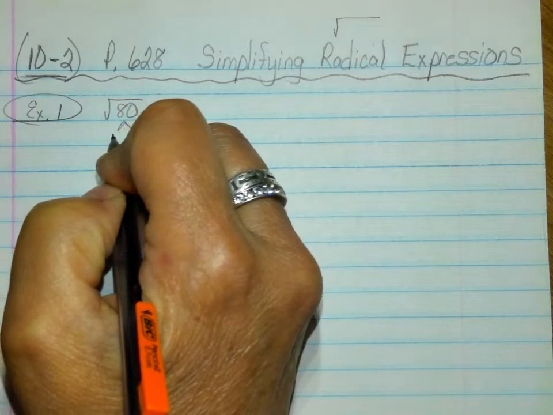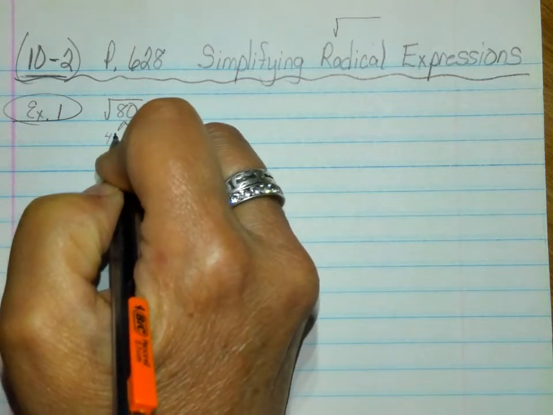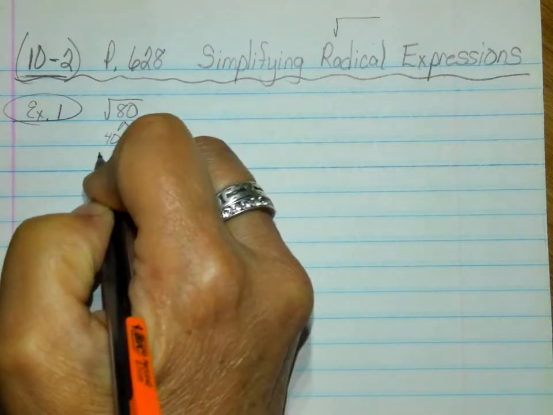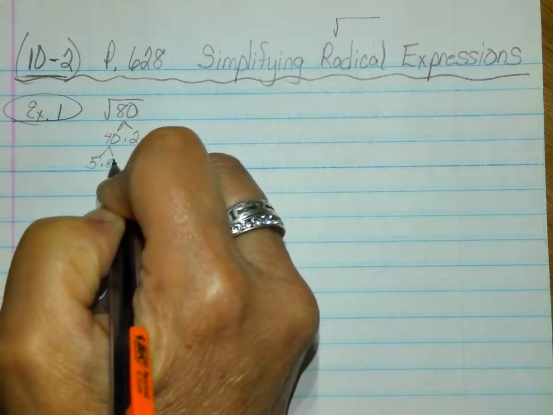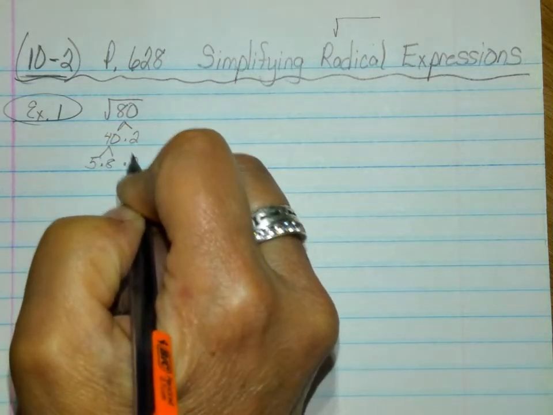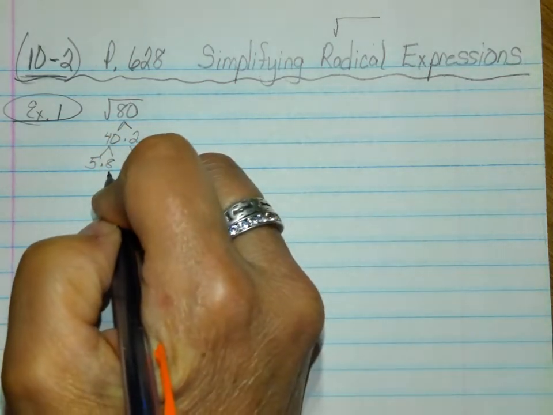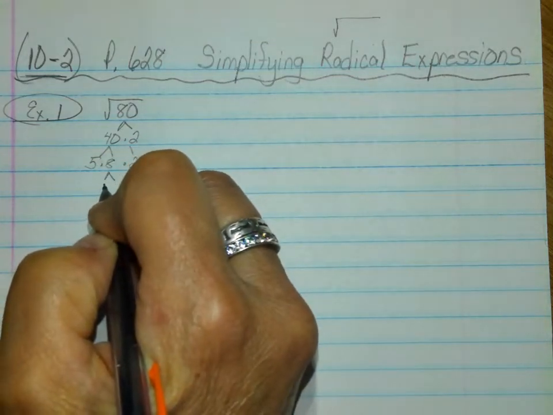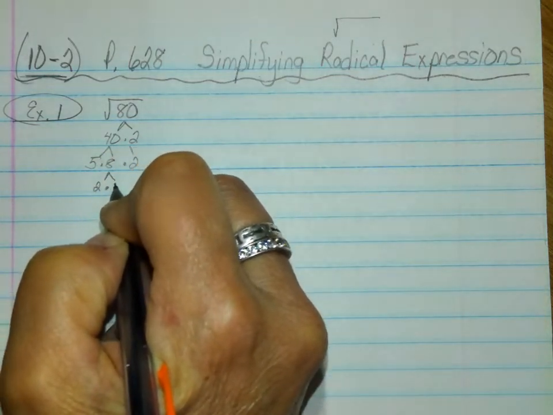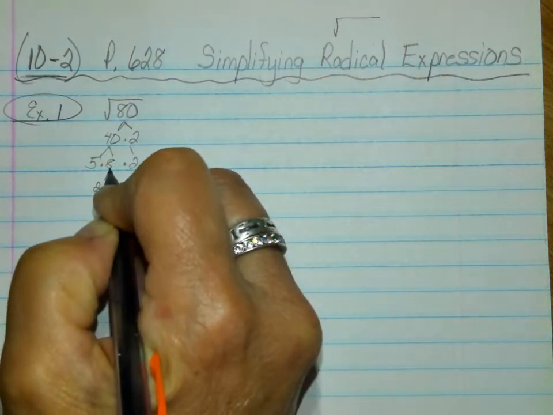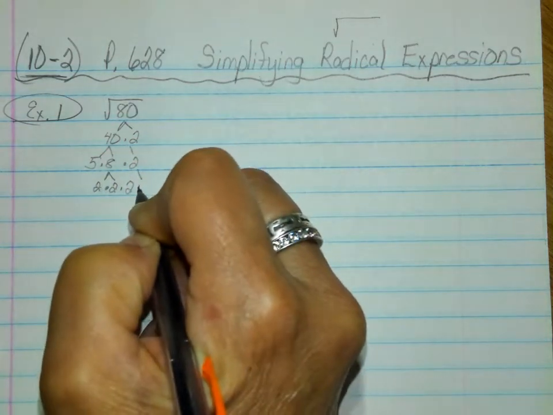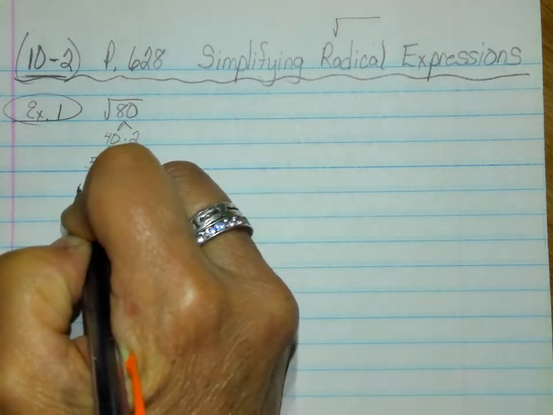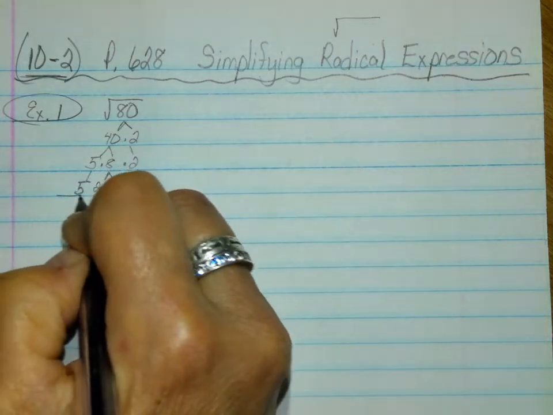Let's say 80 is broken down into 40 times 2. 40 is broken down into 5 times 8. Got to bring the times 2 down. And 8 is broken down into 2 times 2 times 2, because 2 times 2 is 4, times 2 is 8. Bring this 2 down and bring your 5 down.